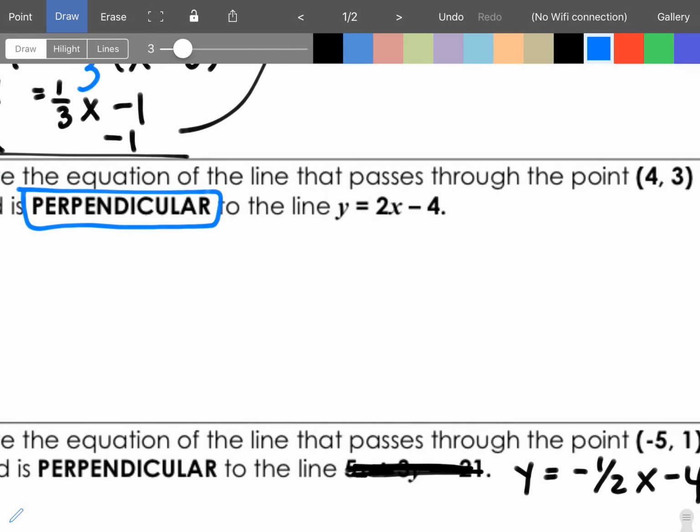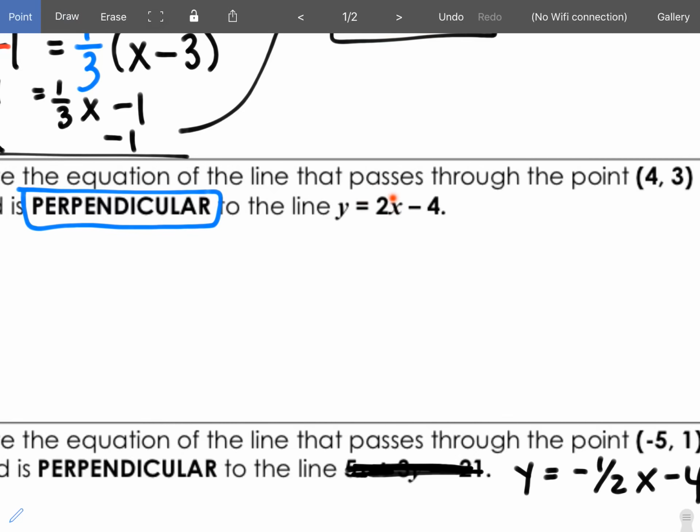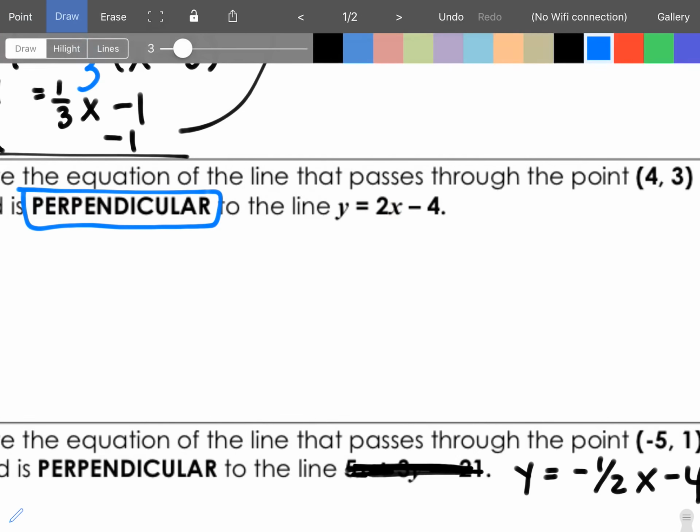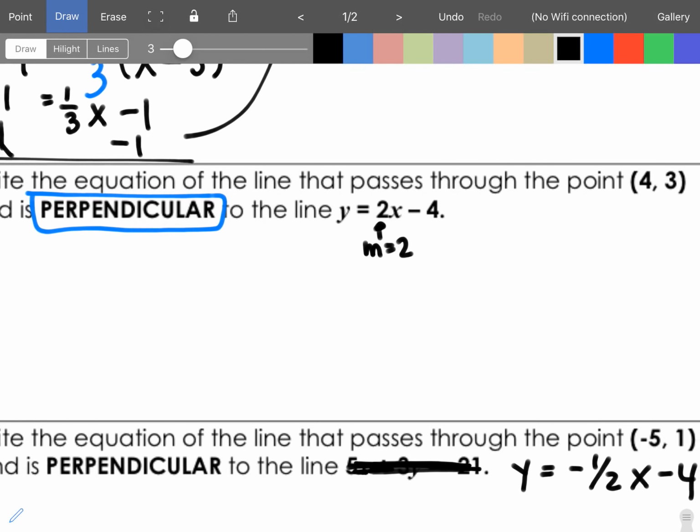So look at our slope here. Our slope here is 2, right? But the negative reciprocal slope, so the perpendicular slope of that, is -1/2, right? So I need to plug in -1/2 for my slope. Do you see how I got that?